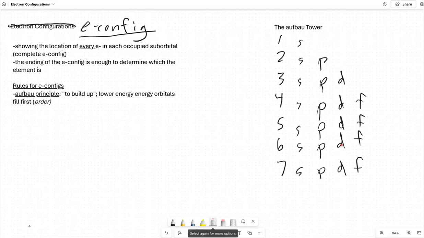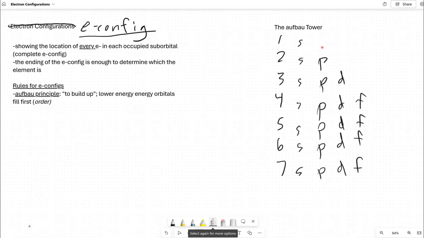Okay. So here's the shocking thing about this. First, it's a nice reminder that even though every shell has an S, which is nothing special, the other ones don't, and they kick in at, well, very predictable times. So notice there is no such thing as a 1P, right? Our P's start on shell 2 because the shape is too much energy.